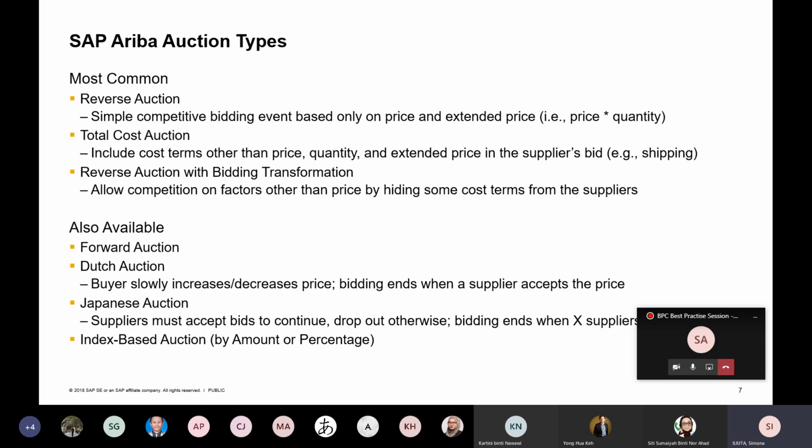So on top of these English reverse auctions, we also have what we call the forward auction, mainly used when you want to sell inventory materials. So materials, goods, it's usually used when you have extra goods that you no longer need for a specific organization. For instance, in SAP, the IT department is using the forward auction for the computer material, everything that has to do with the hardware.